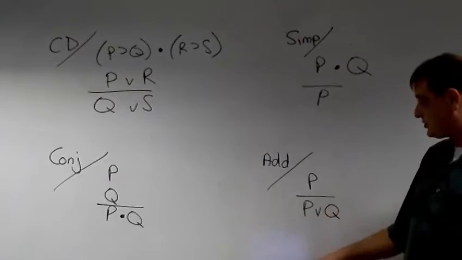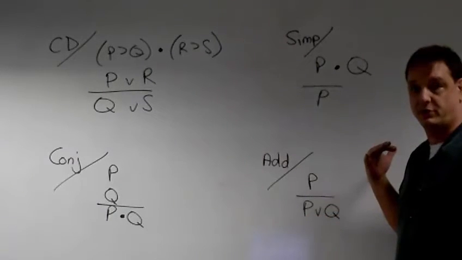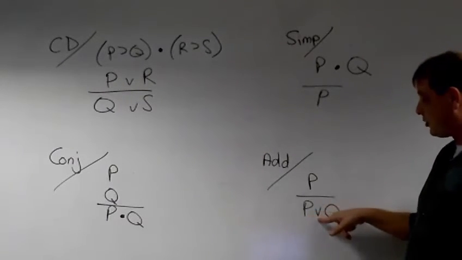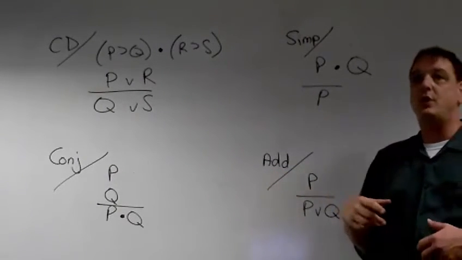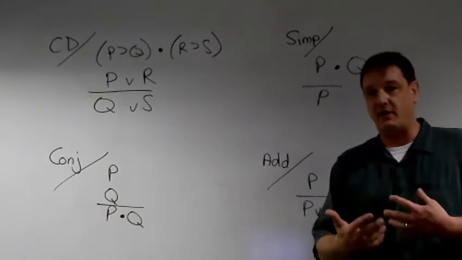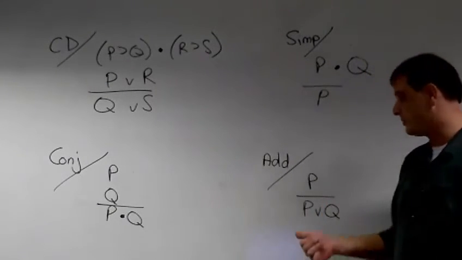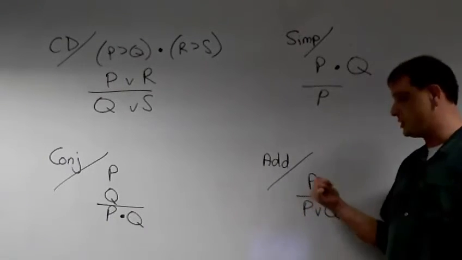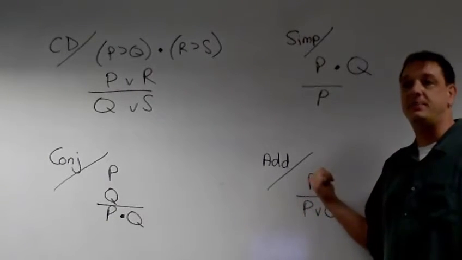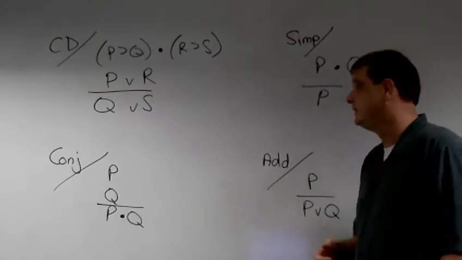As long as P is true, then P or anything will be true. And it doesn't have to be P or Q. When you add, two things to be aware of. The first is that when you add, we want to say that addition is and, but not in logic. For addition, for our purposes, we have to use or. Because we don't know that P and Q are both true, we just know P is true. So we can say P or anything, right?